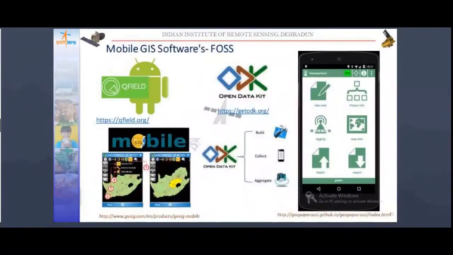Now, I was also talking about capturing the data. There are a lot of mobile apps coming in, also with smartphones coming with GPS or GNSS devices on board, which allow you to capture the location along with the attribute information. So you see a gamut of tools available from both proprietary as well as open source. I'm focusing only on the open source.